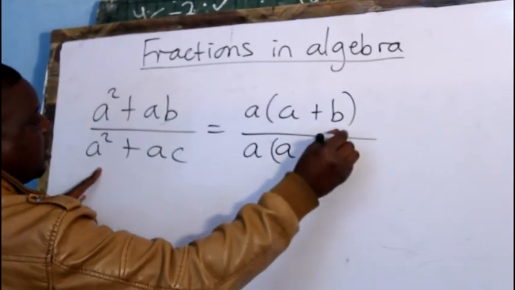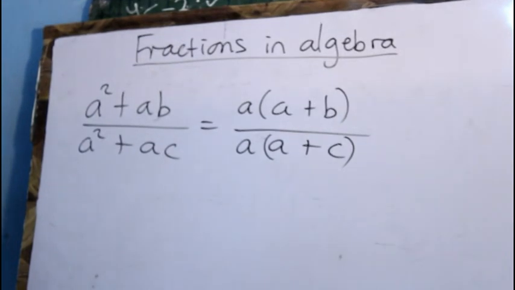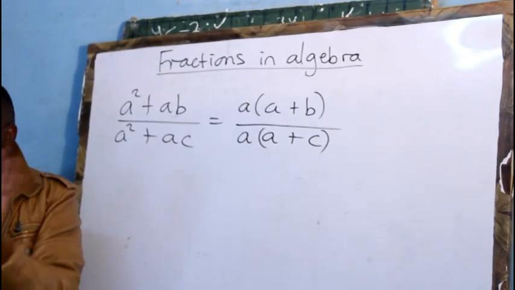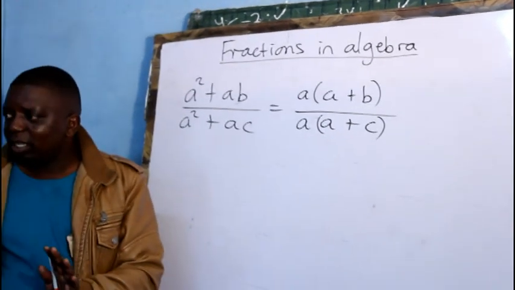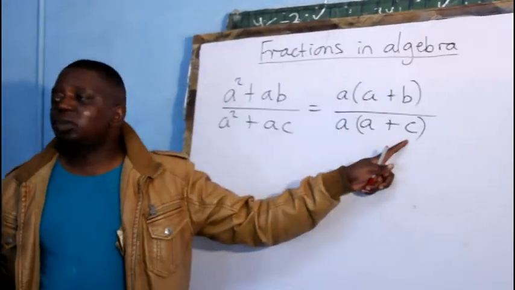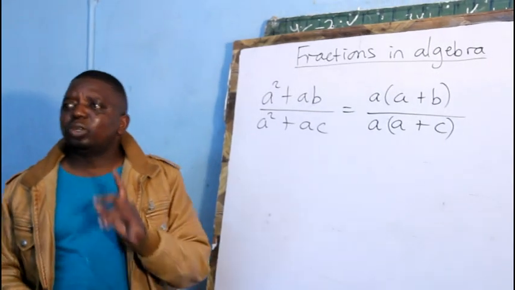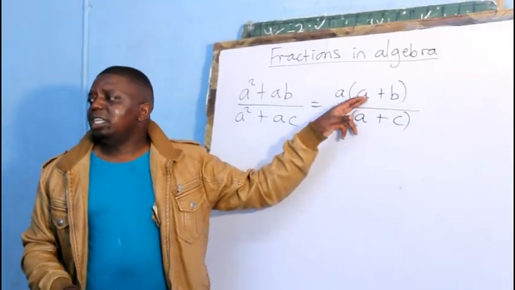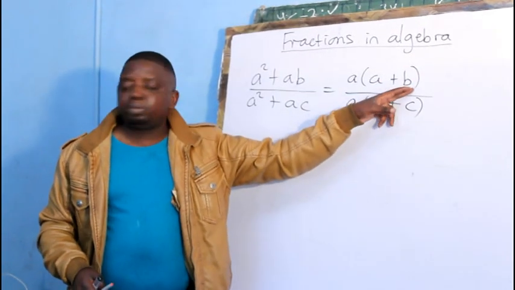A plus c. Right. Consider a plus b as a single term, and a plus c as a single term. You cannot say a and a cancel because a is not multiplying b.